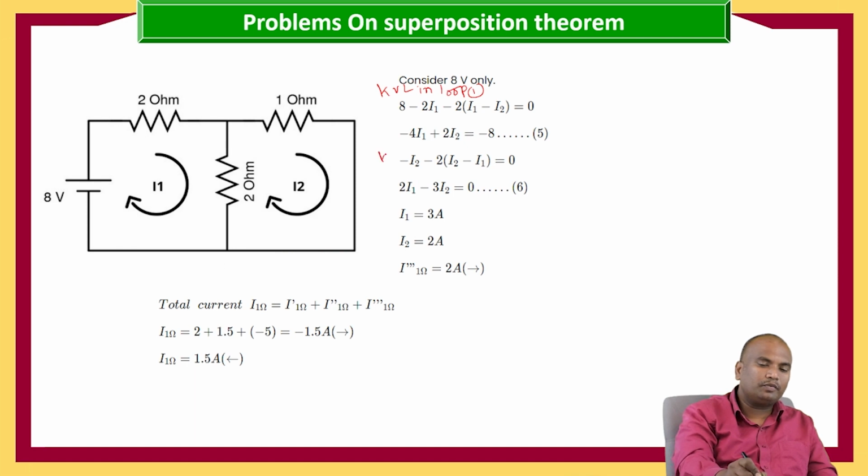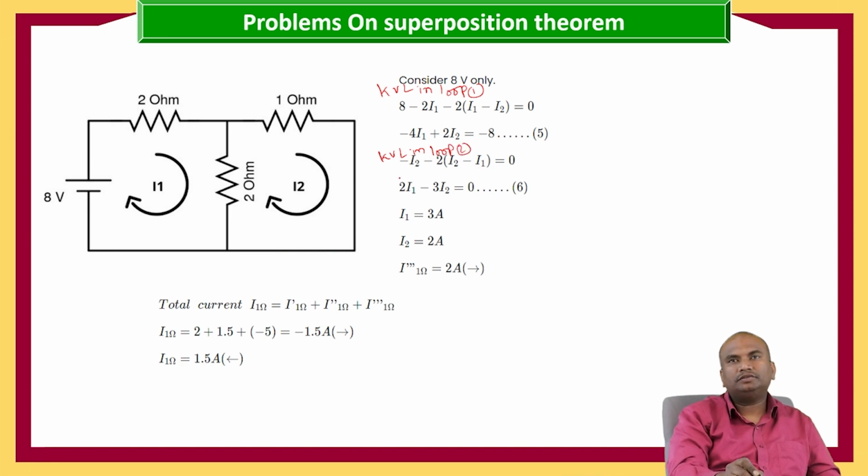Now KVL in loop 2: minus I2 minus 2 into I2 minus I1 equals 0.